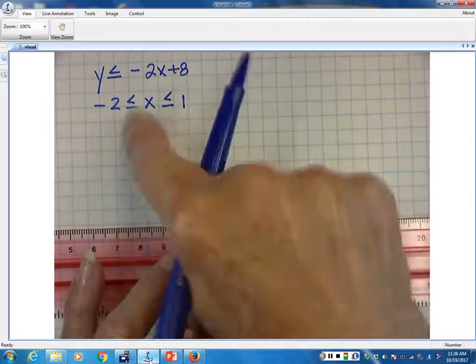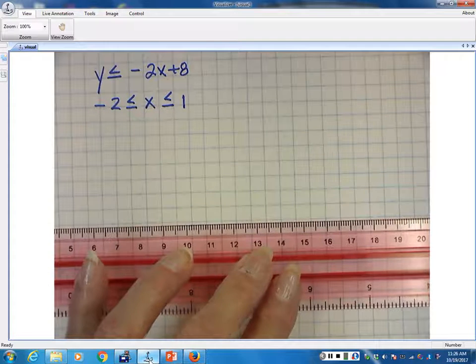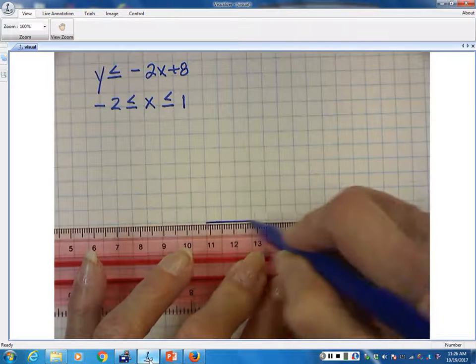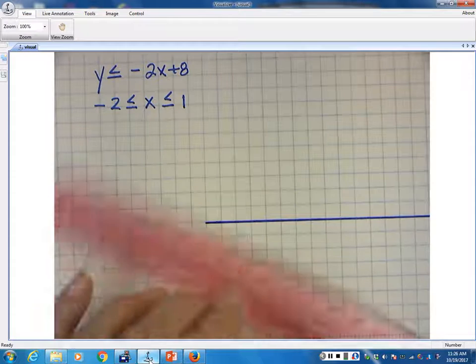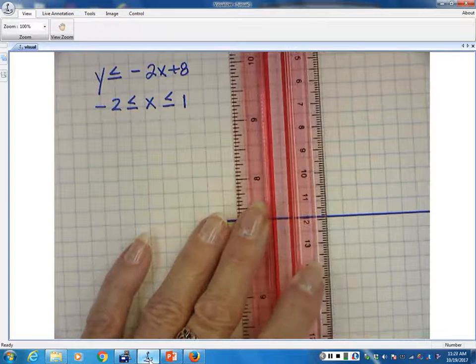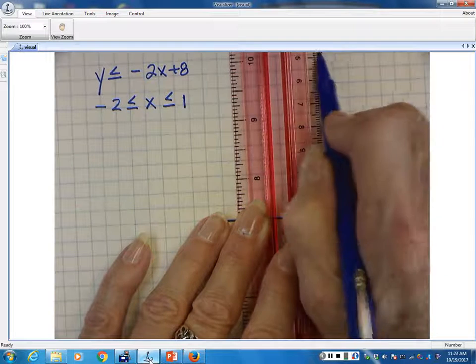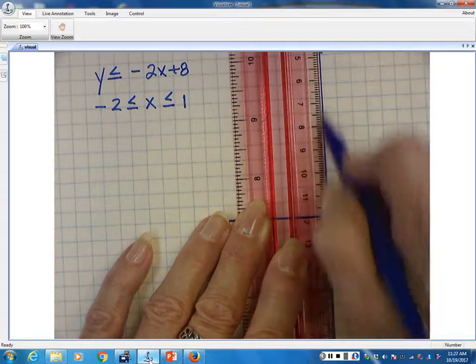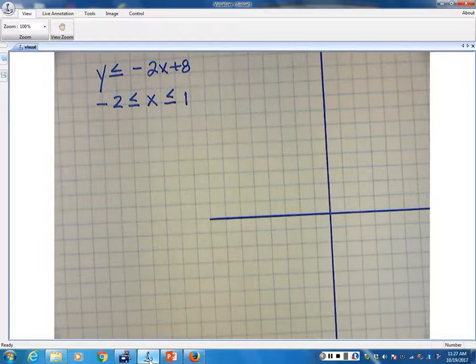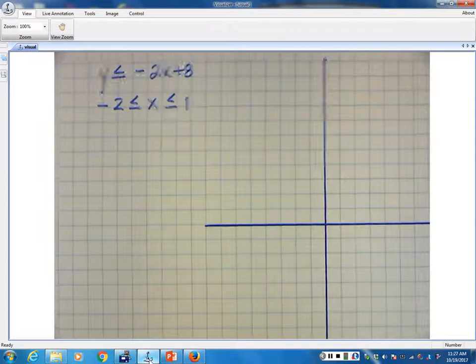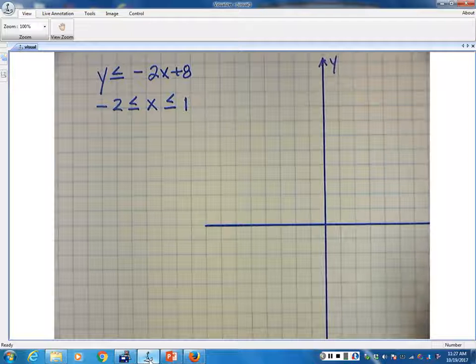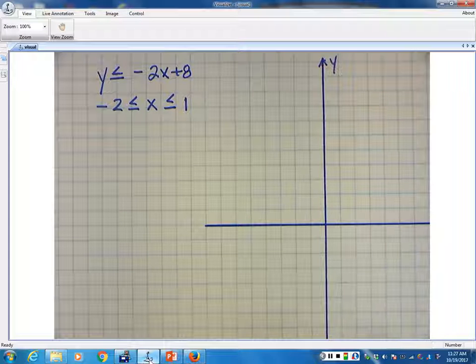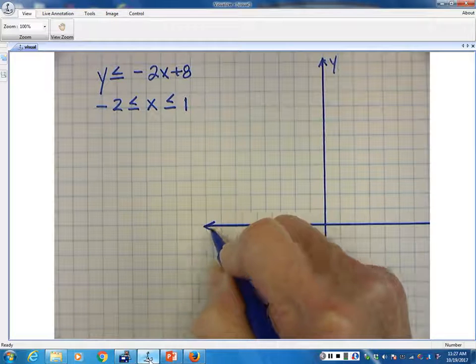This is going to be easier than you think it is. There's my XY axis. Should we put them in the middle?